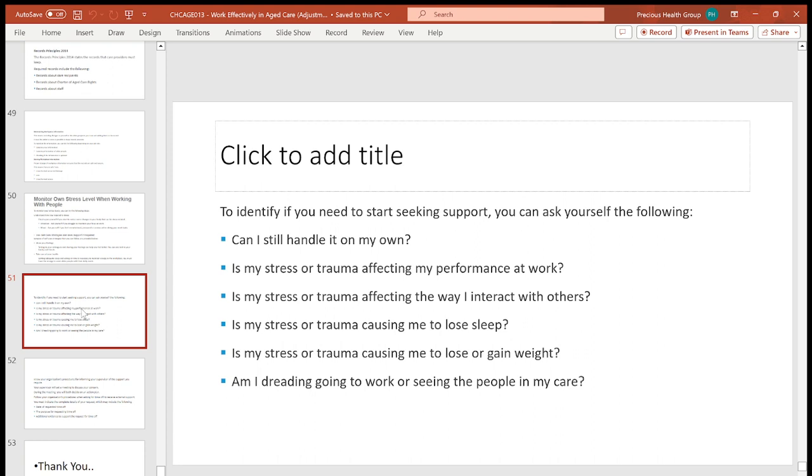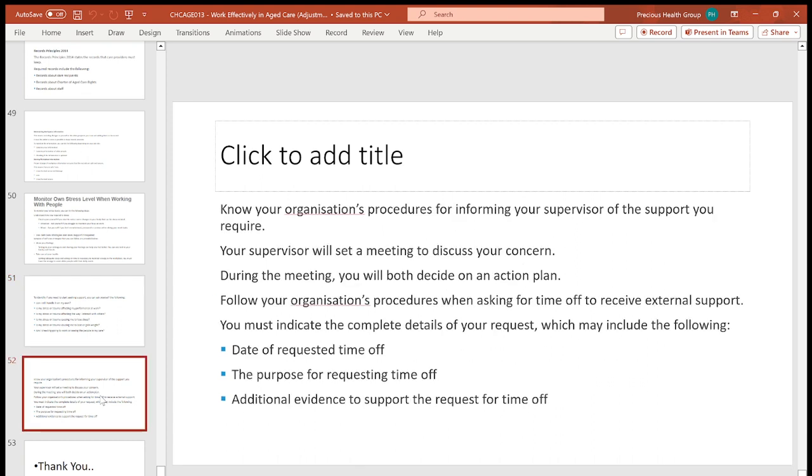Is my stress or trauma causing me to lose sleep, or even to gain or lose weight? And am I dreading going to work or seeing the people in my care? So it's very important to be fair to yourself and answer all these questions honestly and appropriately.